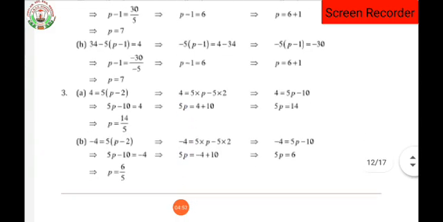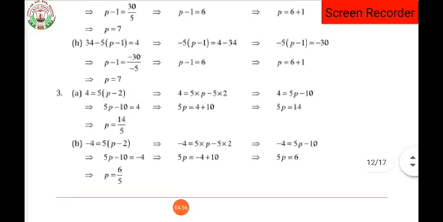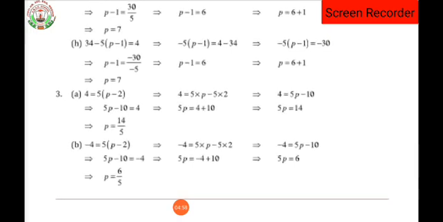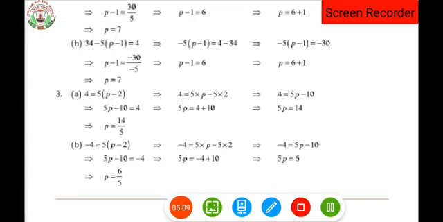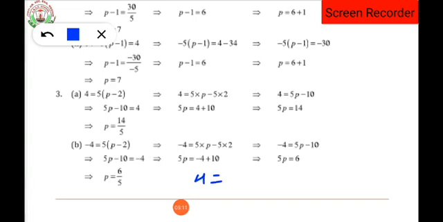Now the next question we have is the third. As I told you, the third question is the same as question number 2 itself. We have to solve the question. So what is the A part of the third? That is 5 into (4 equals) 5 into (p minus 2), we have to solve, isn't it?